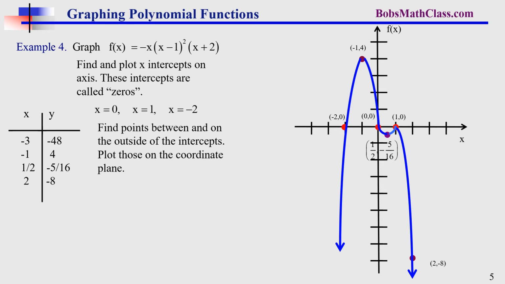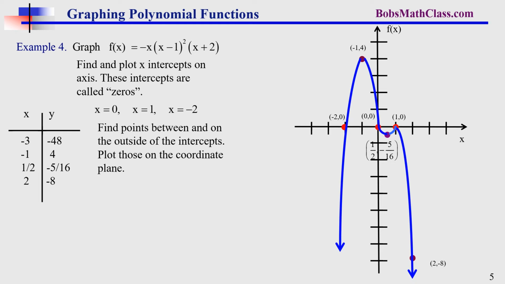Okay, let's go back and look at the x equals 1. Remember we said there's an exponent, x minus 1 squared? Well, at that intercept, it bounces. The graph comes up, it hits that point, (1, 0), and then it goes back down.